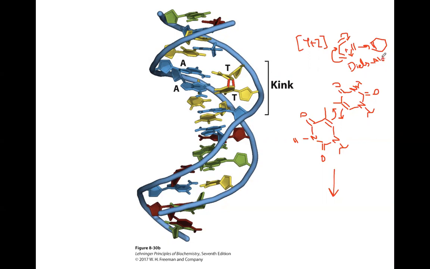Now, these kinds of cycloaddition processes are not limited to 4+2. The reason why it's 4+2 is because you have 4 atoms on this side and 2 atoms on this side. But thymines undergo 2+2 cycloaddition, and this reaction is actually thermally not allowed.